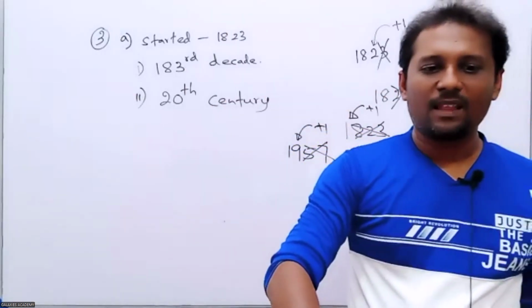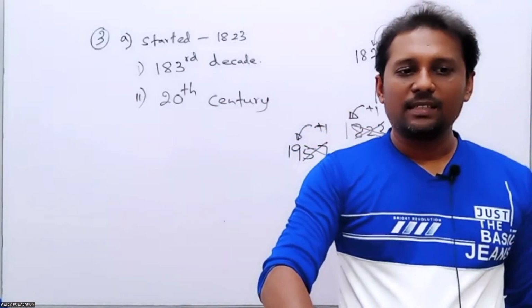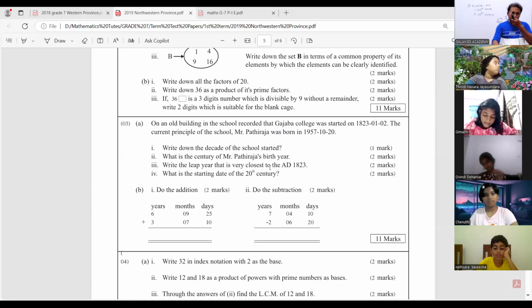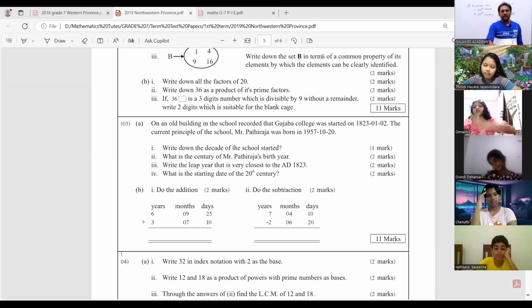Okay, then let's go to the third part. Write the leap year that is very close to 1823. That is 1824. What is the closest leap year? 1823 is not a leap year.